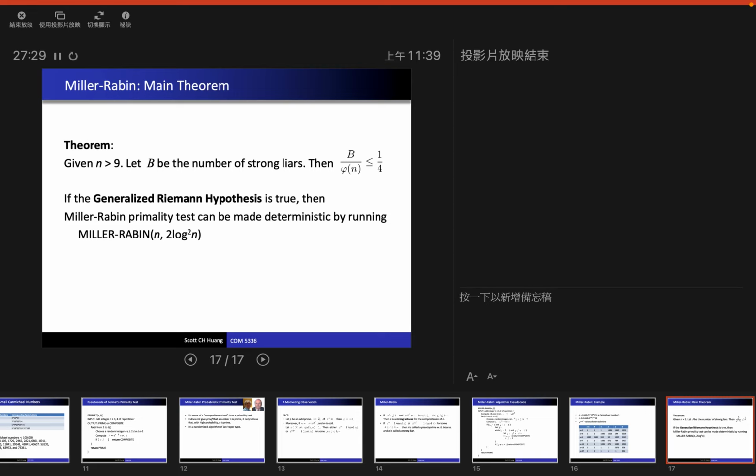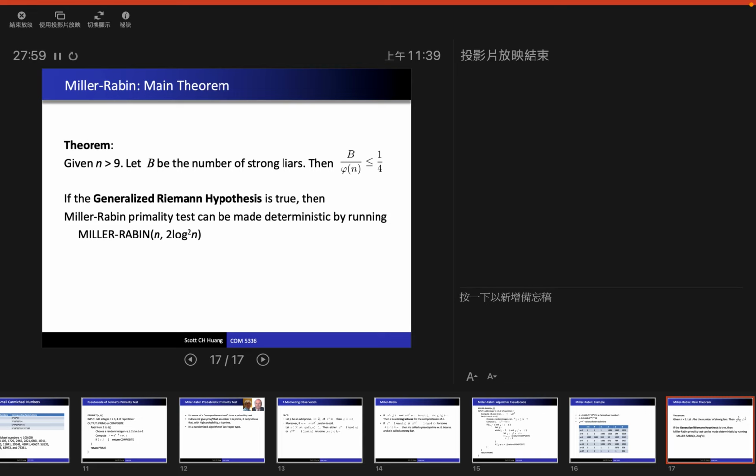However, this does not give us a guaranteed approach, right? There is something called the generalized Riemann hypothesis, which is a really big conjecture. This is something unsolved so far. Maybe one of the top 10 most difficult math questions of this century to be solved.